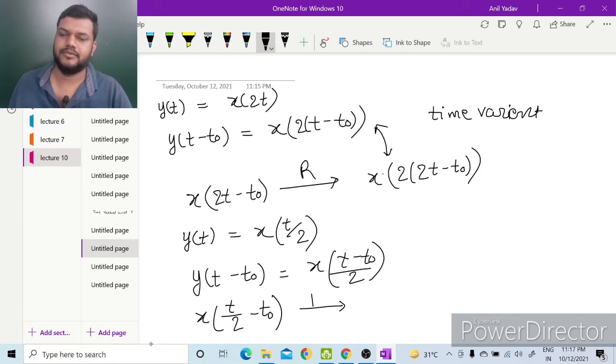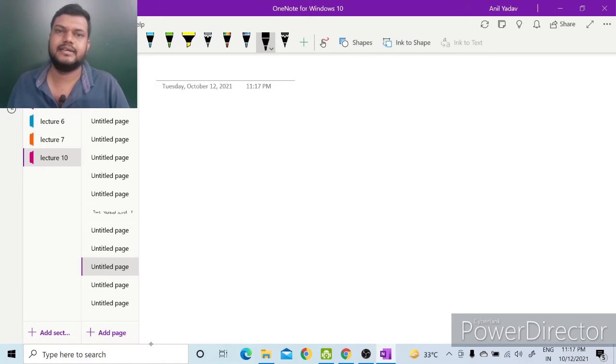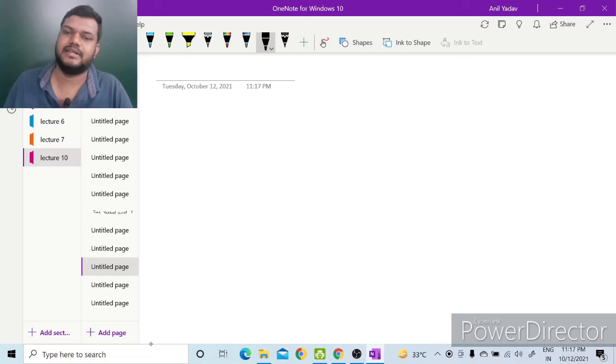Now its response will be the argument divided by 2: x of (t minus t naught) divided by 2. We can see these both are not equal, so the system is time variant. So we can make a general statement: if there is any operation on time, then it will be a time variant system. If there is no operation on time, and only on the output, then the system will be time invariant.